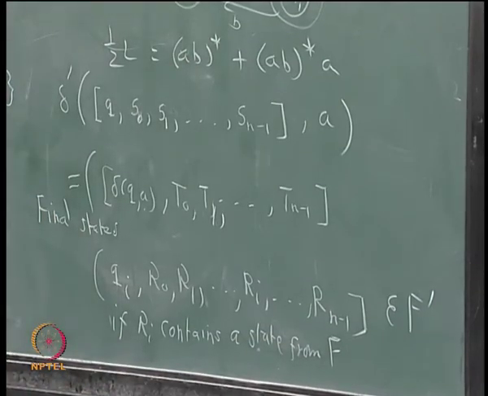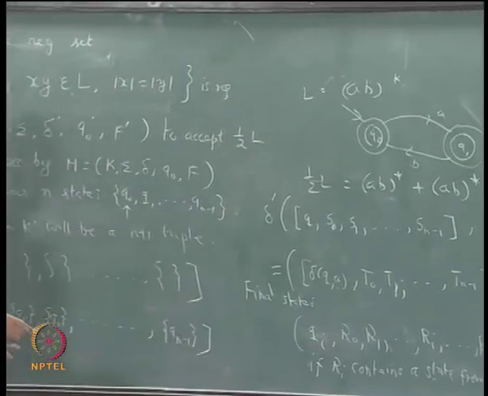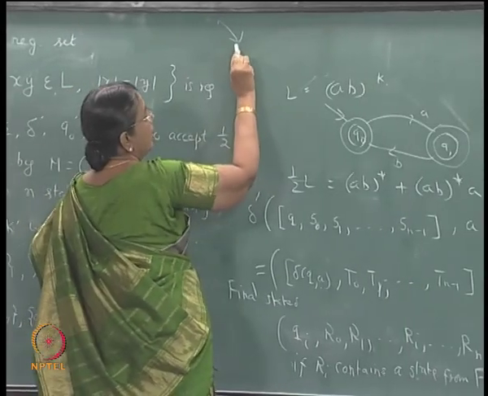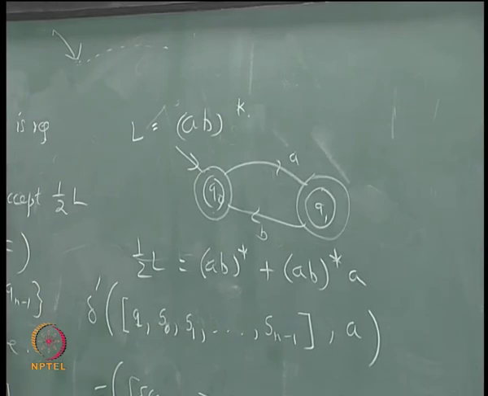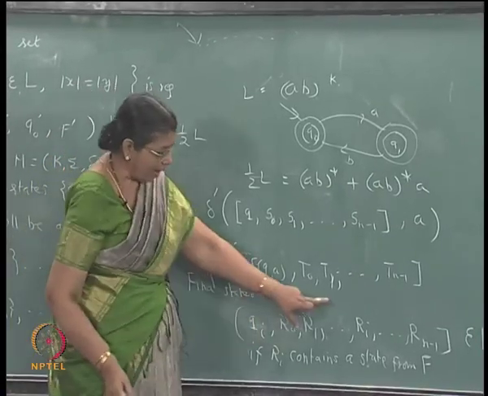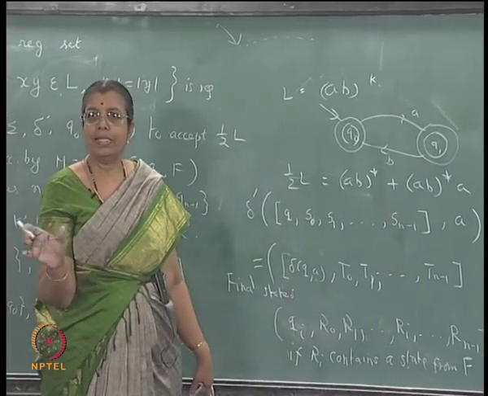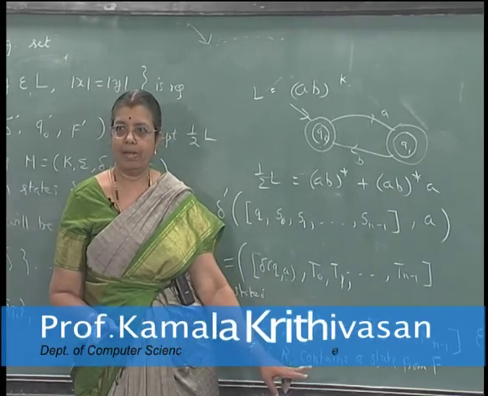What does that mean? Starting from this initial state, if you reach a final state, what does that mean? After reading some portion you have reached Qi, and from Qi, after reading the same number of symbols, you have reached the final state in the original automaton.